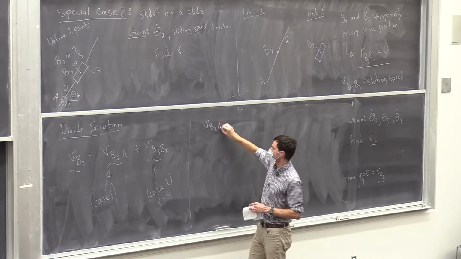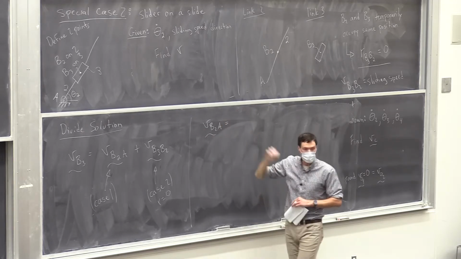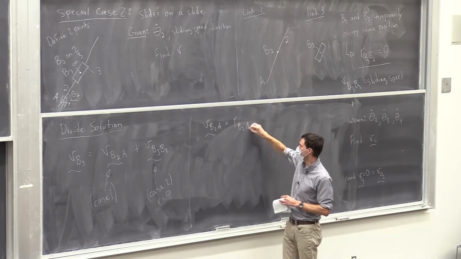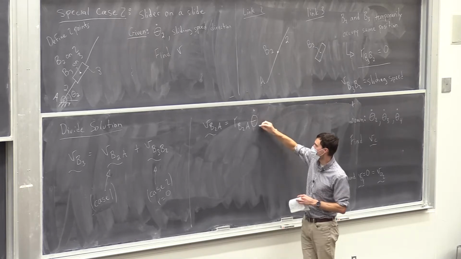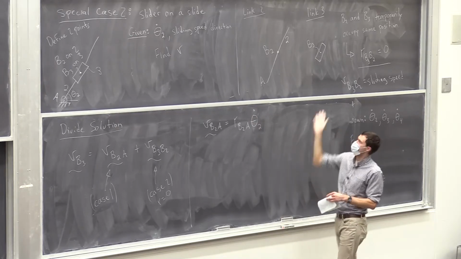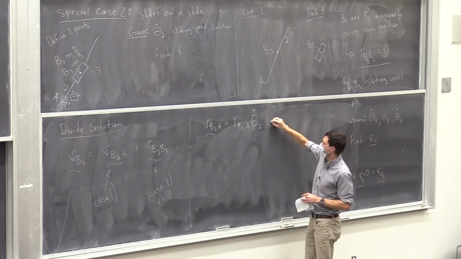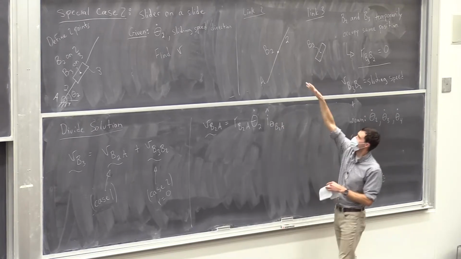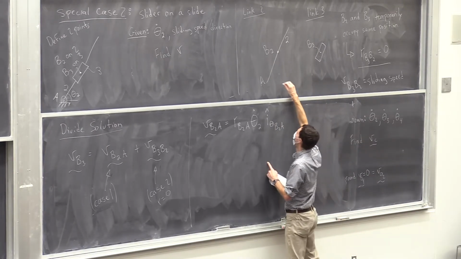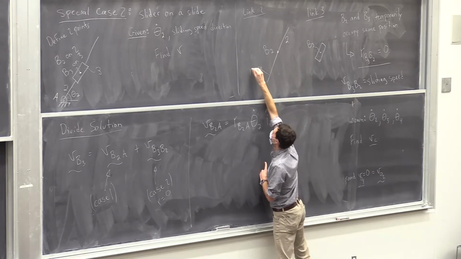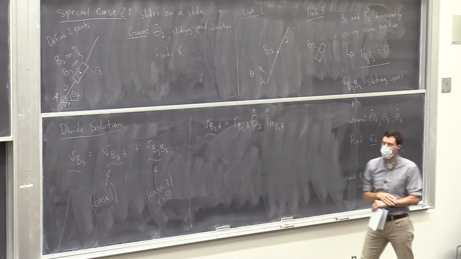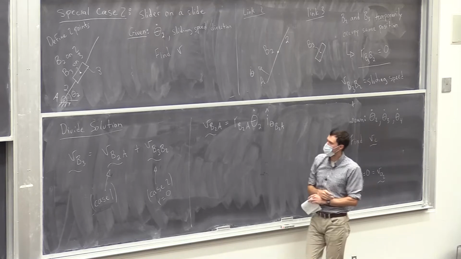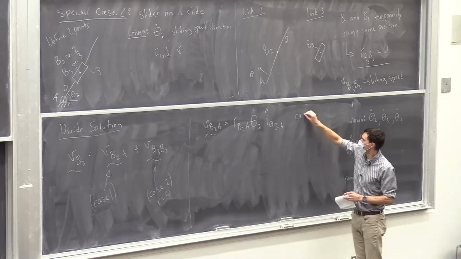So velocity of B2 relative to A, it's a case 1. B2 and A are both on the same link, so we measure the distance between them and multiply by theta dot, the rotation rate of link 2 that they're attached to. And we say the direction is perpendicular, up and to the left. That's our direction there. Okay, so that was our case 1.